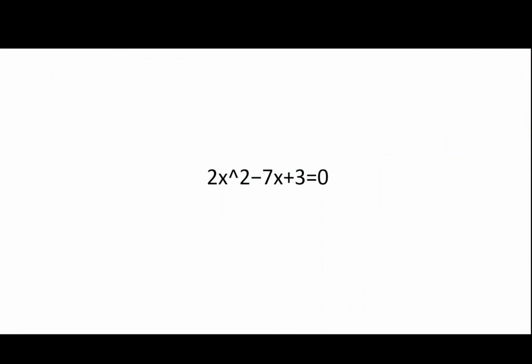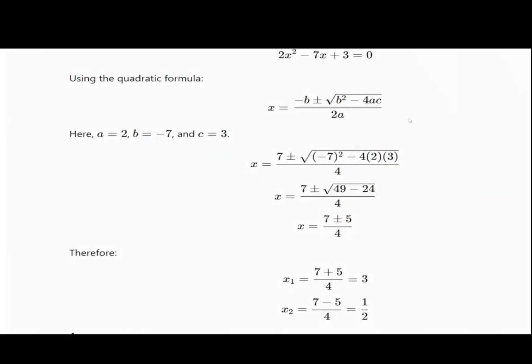Okay, now try to solve this equation. Pause the video and give yourself about 30 or 40 seconds to solve it. But we're going to move on, and you can see the answer here. 2x to the power of 2 minus 7x plus 3 equals 0. Using the quadratic formula, here a equals 2, b equals minus 7, and c equals 3.